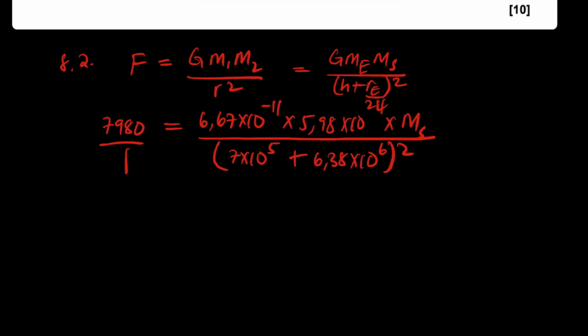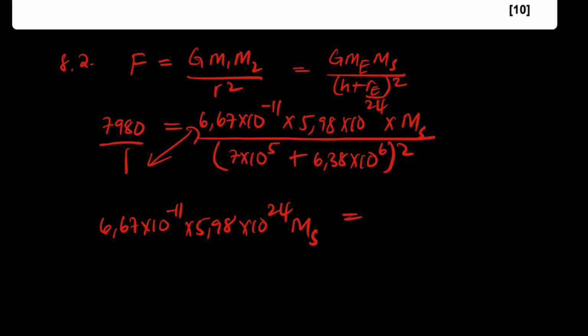We're going to cross multiply. We're going to have 6.67 times 10 to the power negative 11, this times this, times 5.98 times 10 to the power 24 ms equal to, so we're going to cross multiply that and that.